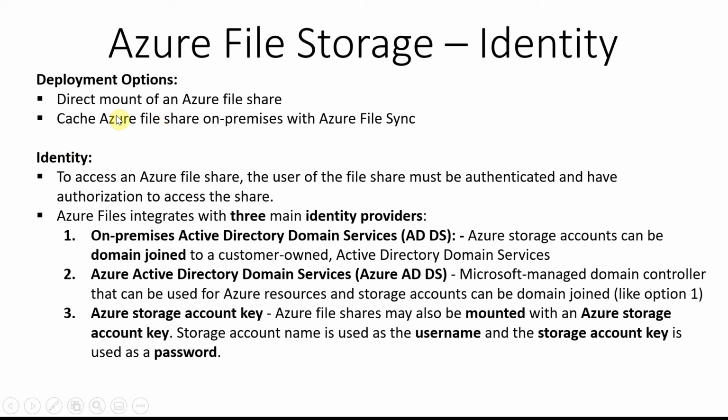In that case, you can use this file sync option. This is a new entry. You don't need to have a mount on your machine. The file will be physically in the cloud, but using file sync it will be cached, and you get a simulation as if the file is co-located in your on-premise server, but actually this is not the case.